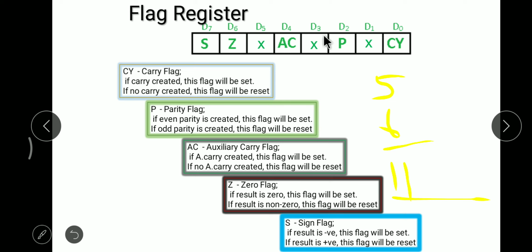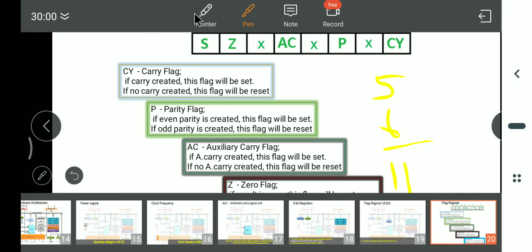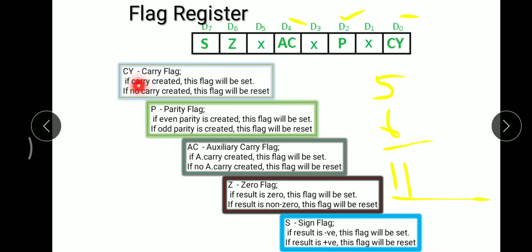The information about the result will be stated in the flag register. The flag register is an 8-bit register, D0 to D7. X represents the don't care component. You need not care about these; either it may be 0 or 1. You need to focus on D0, D2, D4, D5, D6 and D7. CY means carry: if a carry is created in your result, this flag will be set, so this will be 1.